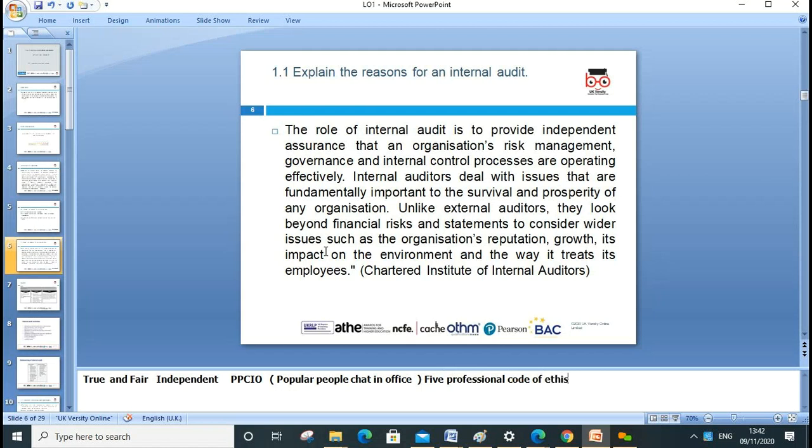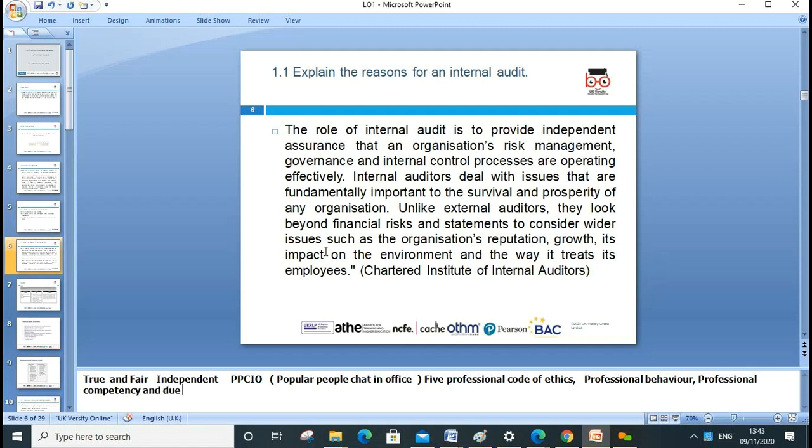Do you remember? Maintain integrity. Yes, good, we discussed integrity. First was professional behavior. Second, if you go in the same sequence, professional competence.